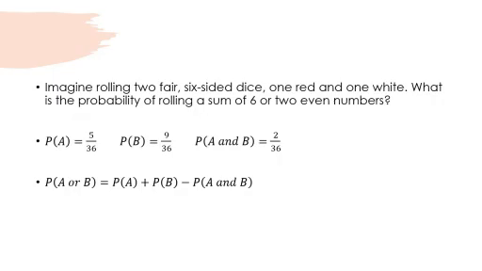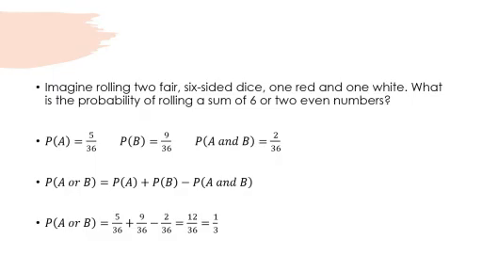Now, usually we would subtract out the and, but when we talked previously about mutually exclusive events, that and part was 0 because they had no overlap. This is the so-called general addition rule. You take the probability of A plus the probability of B and subtract out the overlap of them. In this case, 5 plus 9 over 36 minus 2 is equal to 12 over 36, which is 1/3.